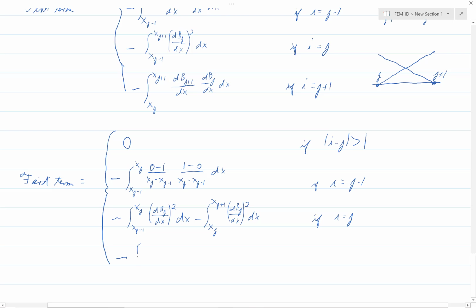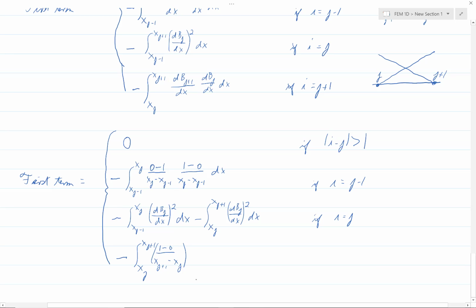So we have the integral x_j to x_{j+1}. And we have db_{j+1}/dx, so that's the slope of b_{j+1}, which is 1 minus 0 over x_{j+1} minus x_j.